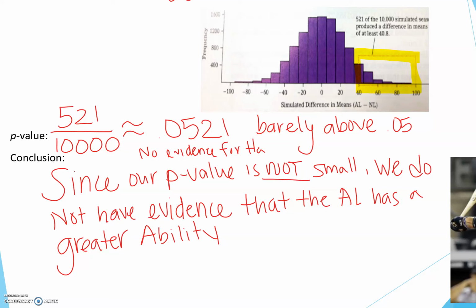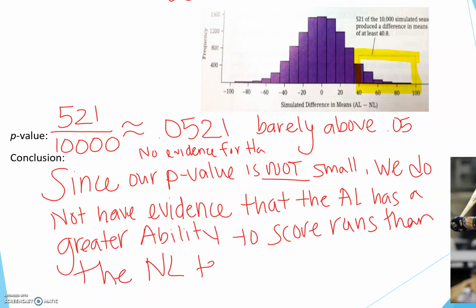Then in the conclusion, I state what we didn't have evidence for, which is the alternative. We do not have evidence that the American League has a greater ability to score runs than the National League teams. I guess I should have put teams in here too.